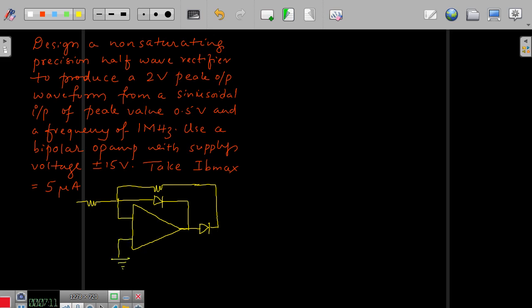You can use one resistor also. This is R1, this is R2, D1, D2. This is given to be plus 15 volts and this is minus 15 volts. These are the things which are given to us. This is your Vin and this is your V0, and they are very clearly given.